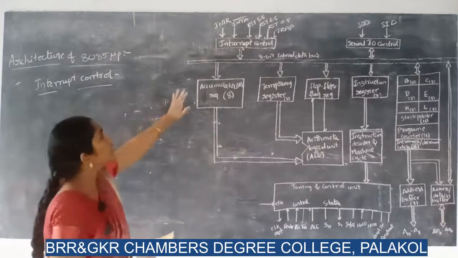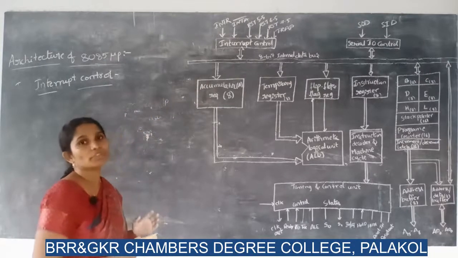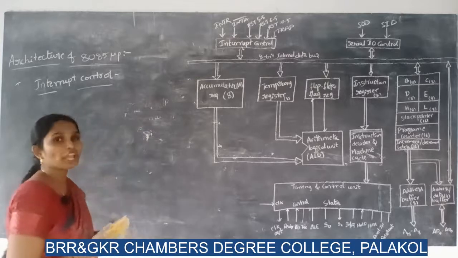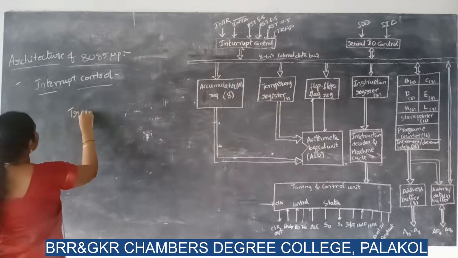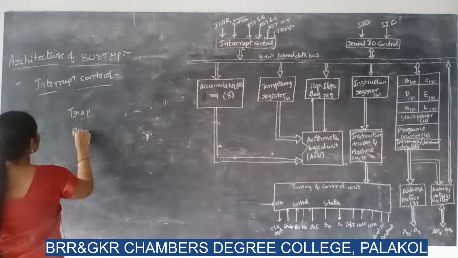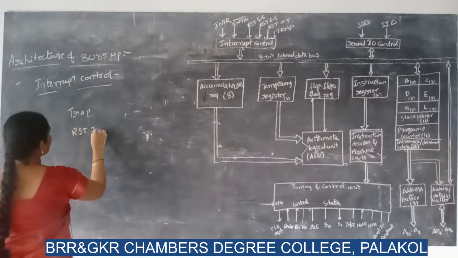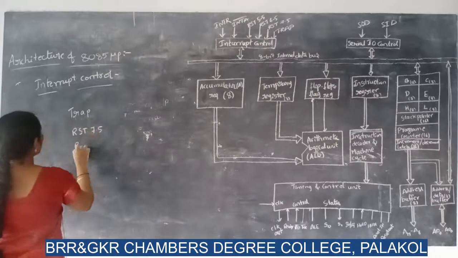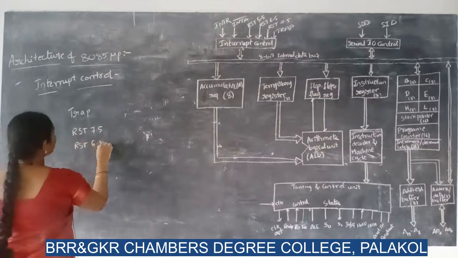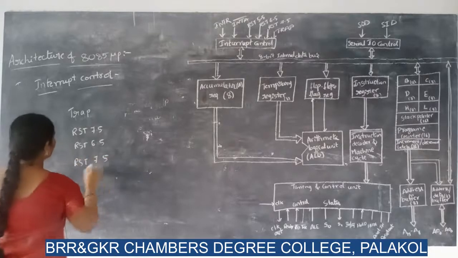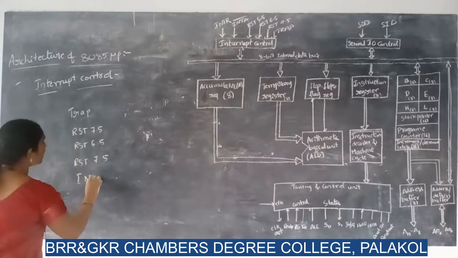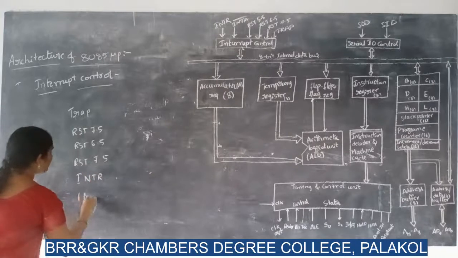Okay, so the 8085 microprocessor has 5 types of interrupts. Those are TRAP, RST 7.5, RST 6.5, RST 5.5, INTR, and INTA bar.